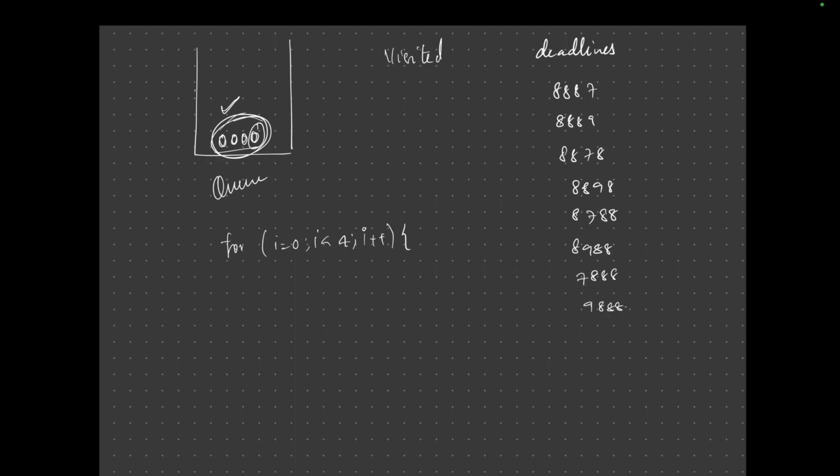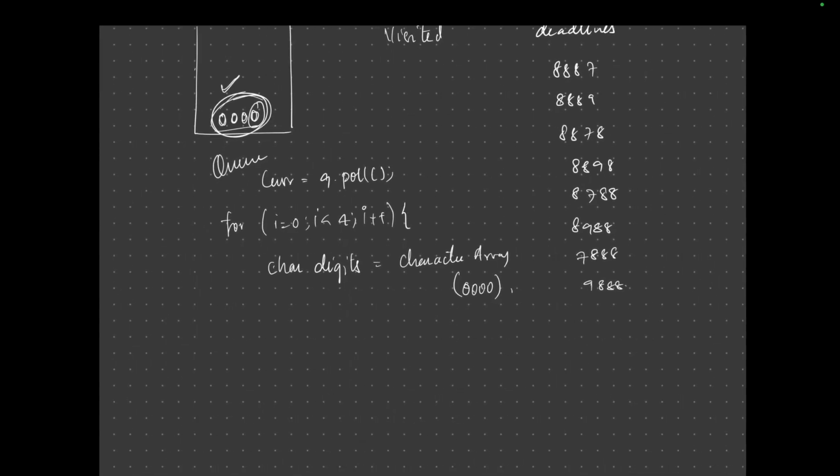Okay, so I'll convert this particular string to a character array. You can do this in your language of choice, right? The character array digits is the character array of your current string, which is 0000. The current string is q dot poll or q dot remove or q dot dequeue, right?